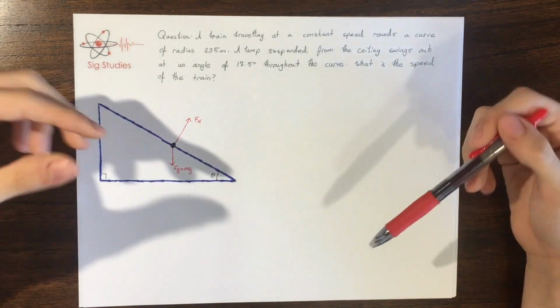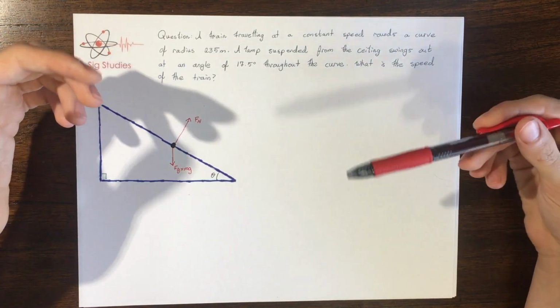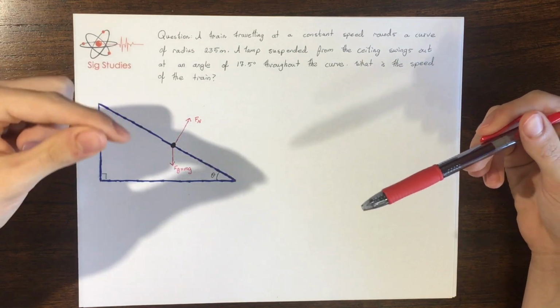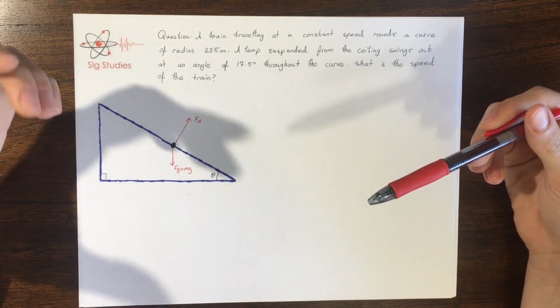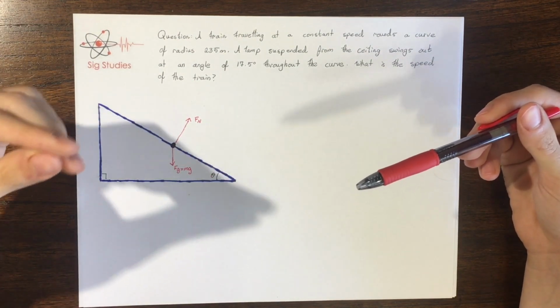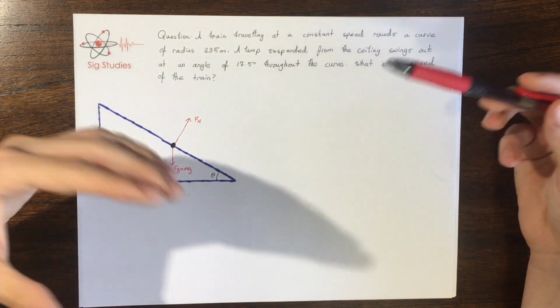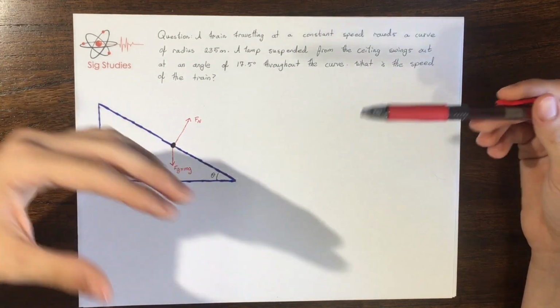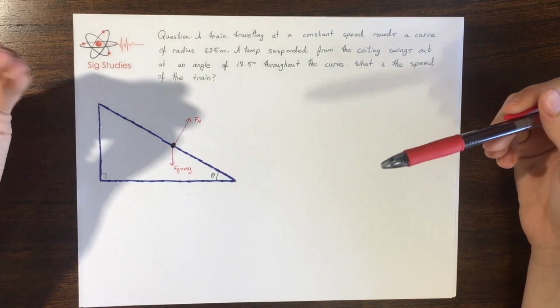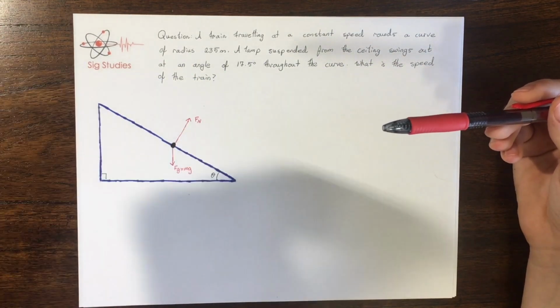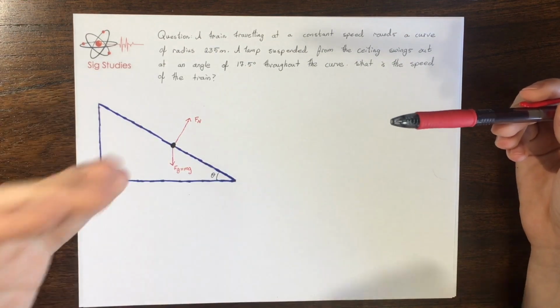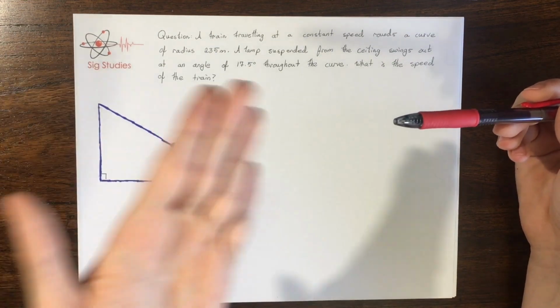That 17.5 degree angle of the lamp within the train is really the angle of the curve itself, which makes sense because the angle that the lamp is suspended from the ceiling is going to be the same as the angle of the curve. If the angle of the curve was 20 degrees, the lamp itself would also be at a 20-degree angle because it is attached to the train and the train is on that curve.